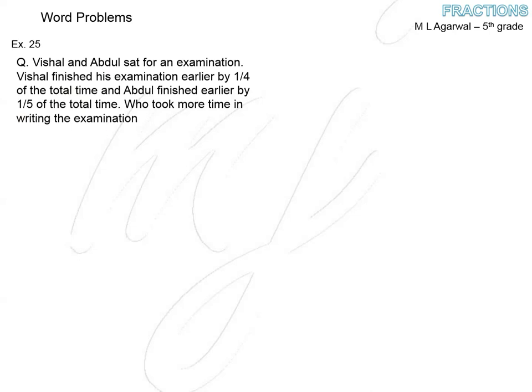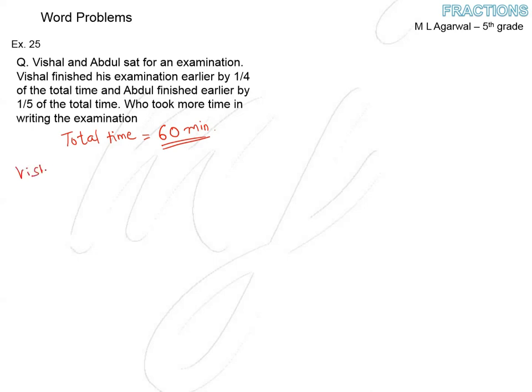We can even solve it as we did in the last question by writing 1/5 and 1/4 and making them like fractions. But we'll try a different approach here. Let us say that the total time for the examination is 1 hour, that is 60 minutes. Okay, let us assume this. So, who sat for the exam?